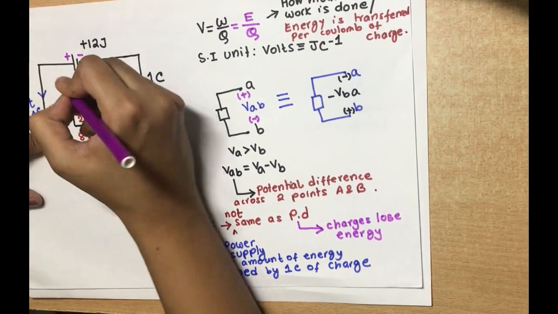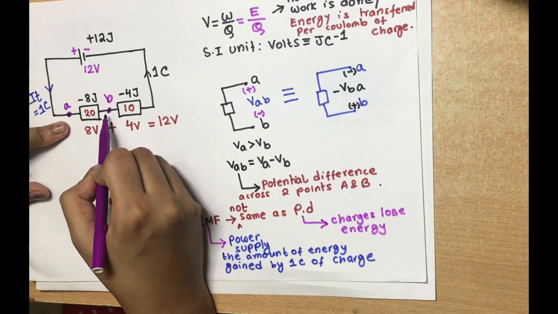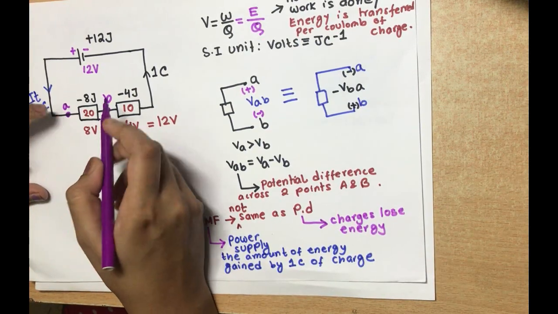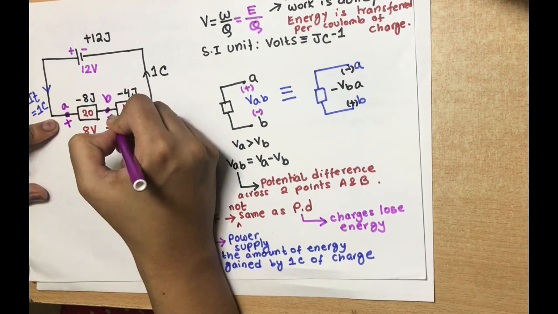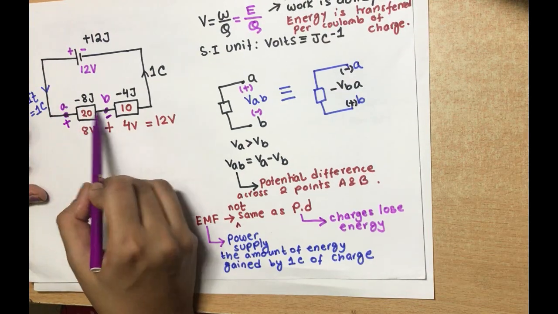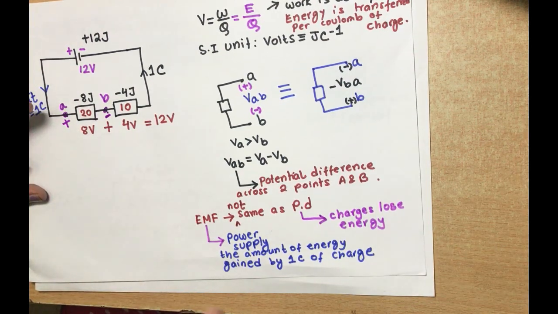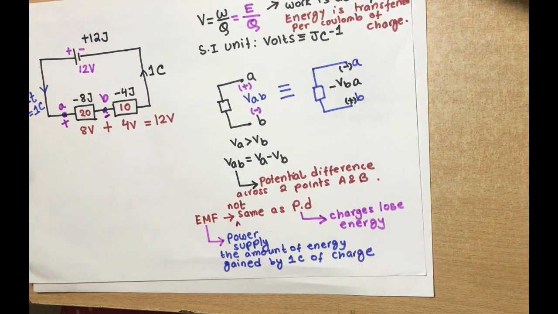This point A and this point B are not at the same potential. There is a potential difference. This point A is at a higher potential than this point B. Why? Because when the charge moves from A to B, the charge loses its energy. So the potential drops.